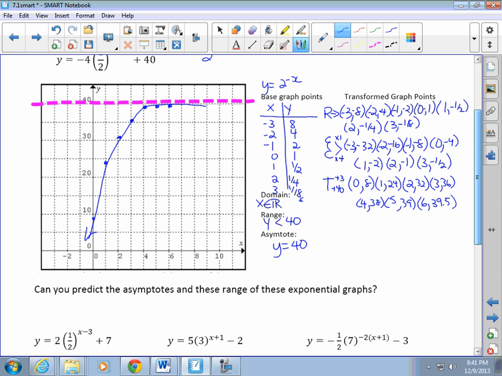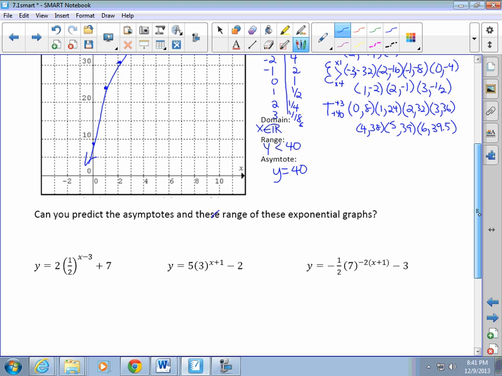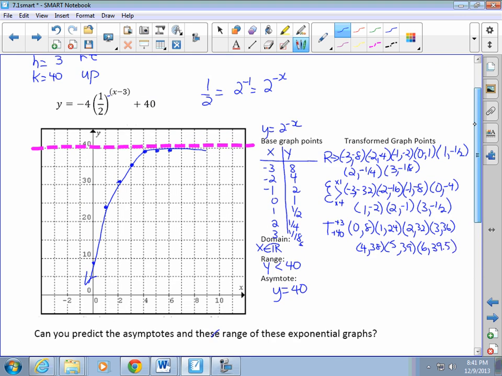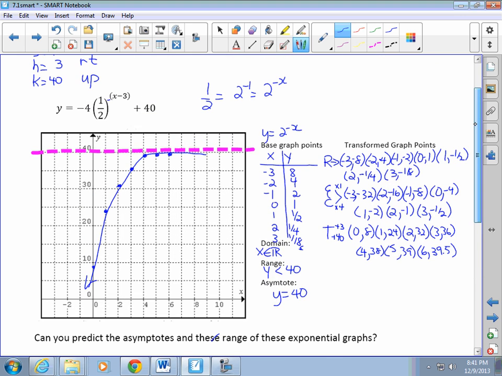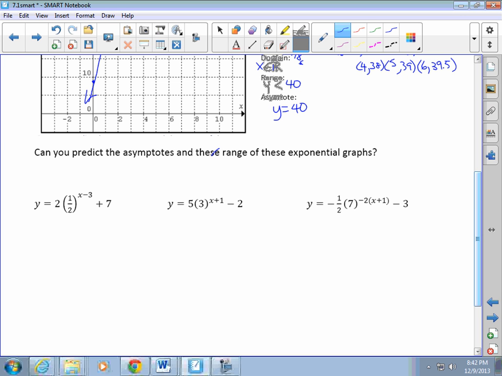So it says, can you predict the asymptotes and the ranges of these exponential graphs? So, knowing in the other two graphs that we did, that k value told us what the range and asymptotes are going to be, then we would know from here that our range is going to be y is greater than 7.